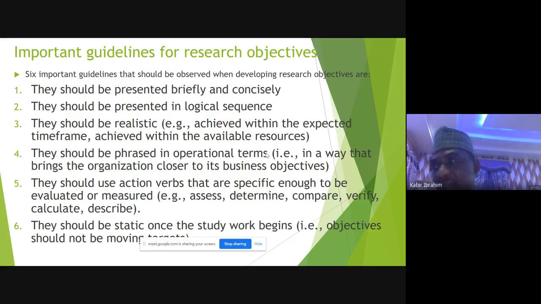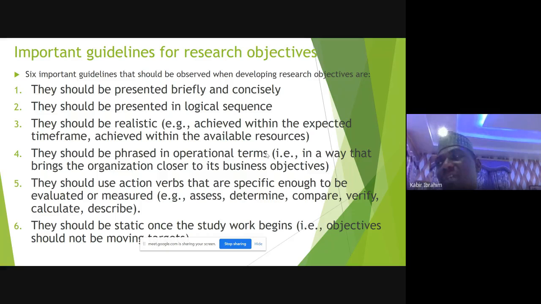Maybe financial resources, or where you will go and get the data. For example, if the data cannot be collected in time, it is better for you to change the objective or to change the topic you want to present.